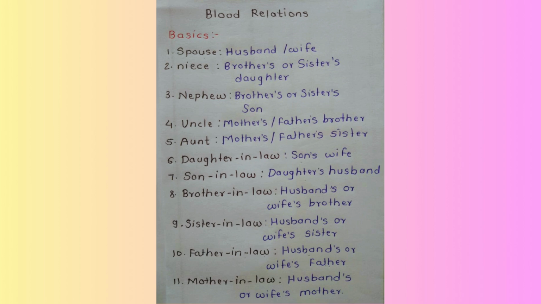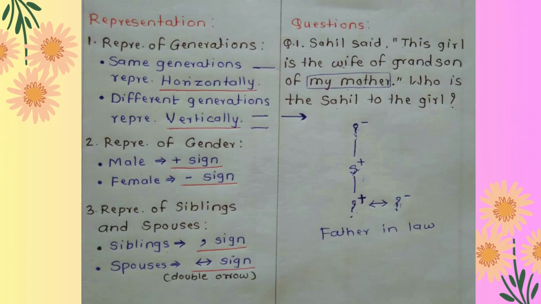Okay, so then let's discuss the second part, which is representation. I have divided the representation into three parts. The first one is representation of generations, then representation of gender, then the third one is representation of siblings and spouses.